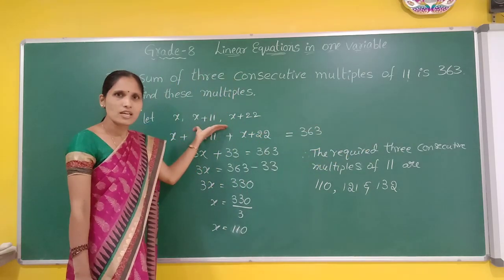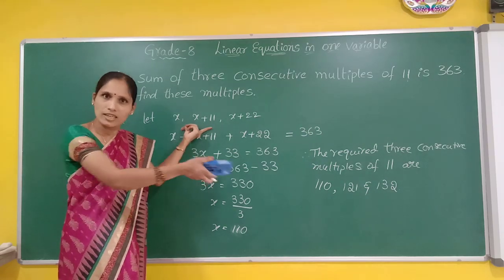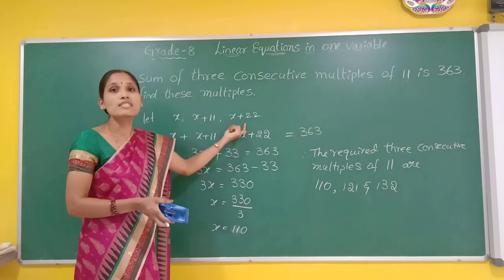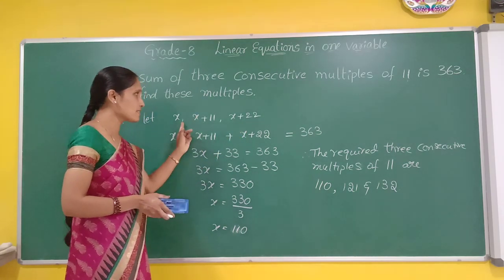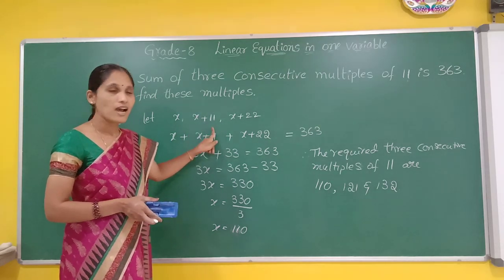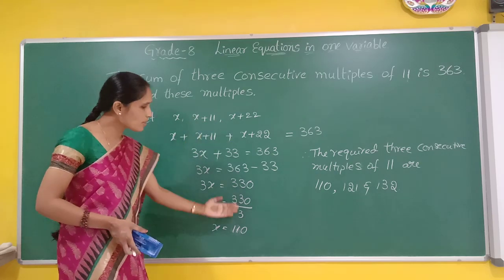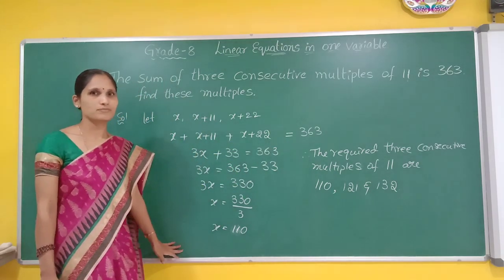Good. The 3 numbers are: the first number is x, the next number is x plus 8, and the third number is x plus 16. Next steps are as usual. Try that problem as homework.